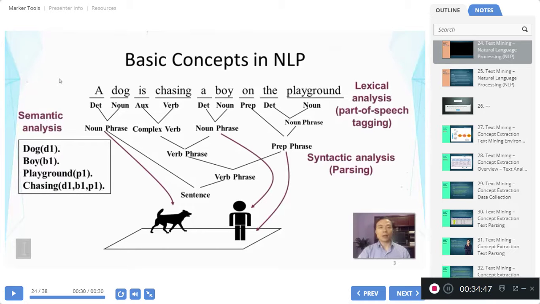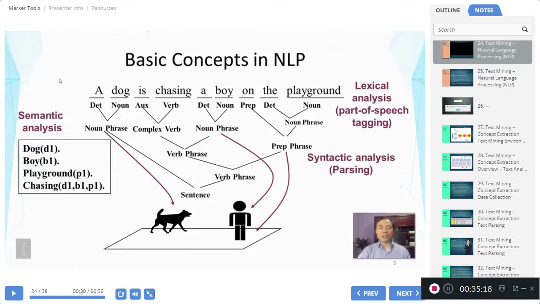So dog D1 means D1 is a dog. Boy B1 means B1 refers to a boy, etc. And we also represent the chasing action as a predicate. So chasing is a predicate here with three arguments, D1, B1, and P1, which is a playground. So this is a formal representation of the semantics of this sentence.